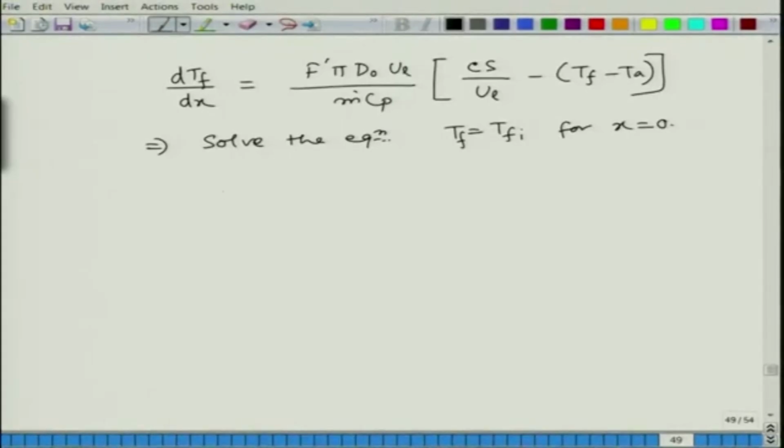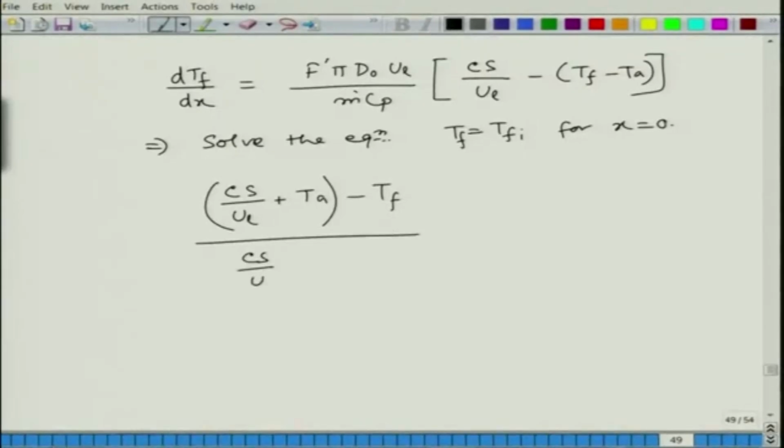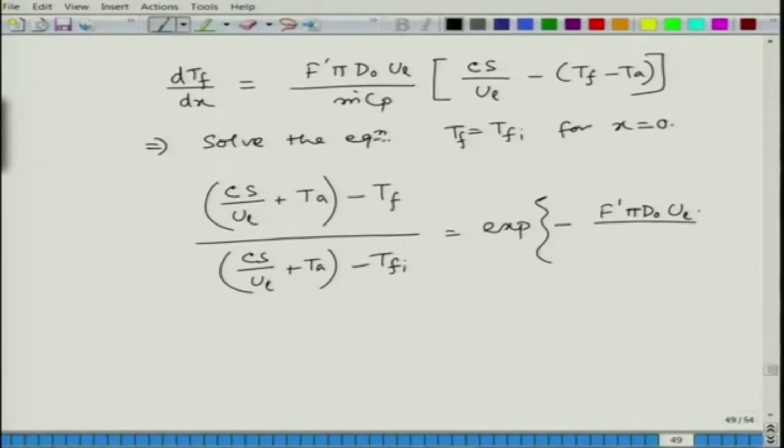If you solve that, what you will get, Cs by UL plus Ta minus Tf divided by Cs by UL plus Ta minus Tfi will be equal to exponential negative of F prime pi d naught UL x by m dot Cp.